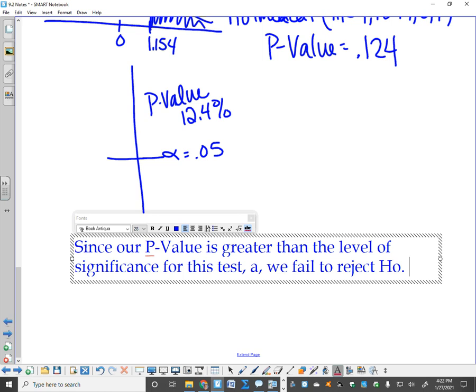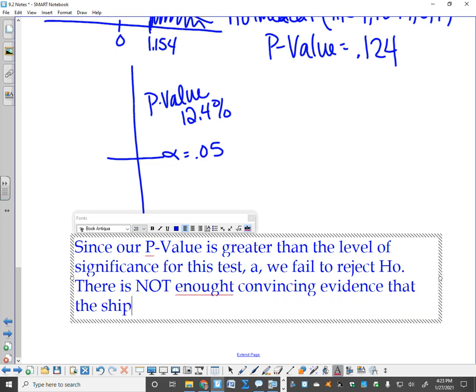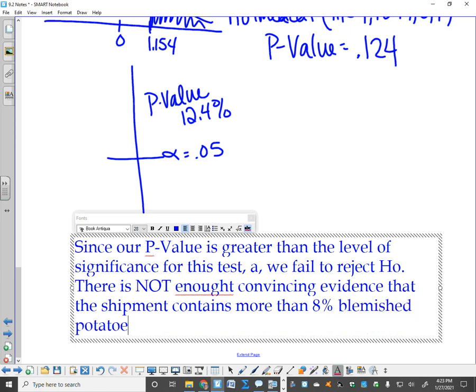So we fail to reject H sub O, which means there is not, you don't have to all caps that, I'm just emphasizing, there is not enough convincing evidence, I can't ever spell this word, evidence, oh, I didn't spell enough, sorry, convincing evidence that the shipment contains more than 8% blemished potatoes.